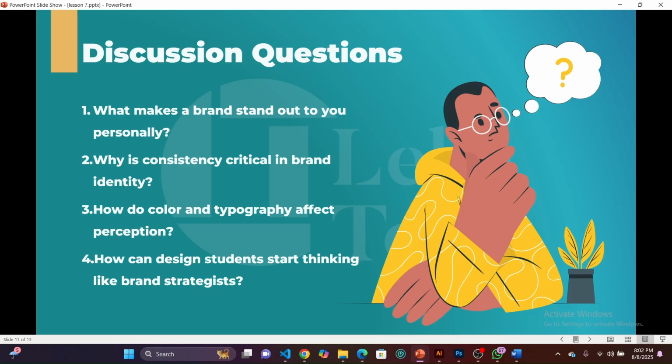So if you're designing, for example, for a baby shop, who's your intended audience? Nursing mothers, women who are pregnant, women who just gave birth. In your communication, you should use words which appeal to those mothers.